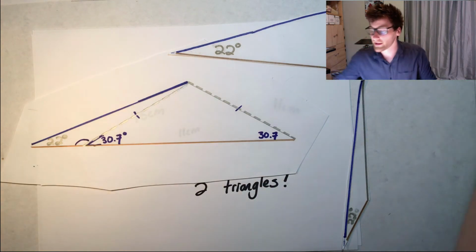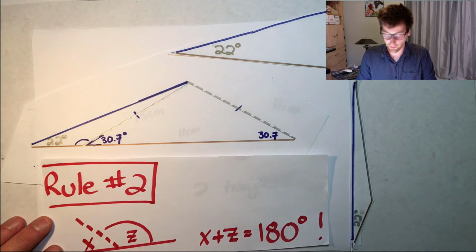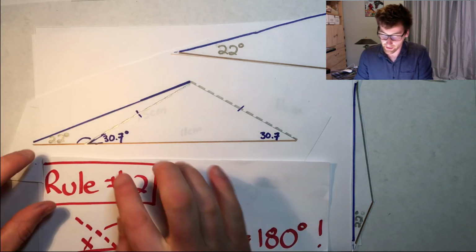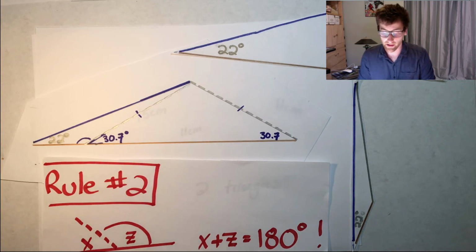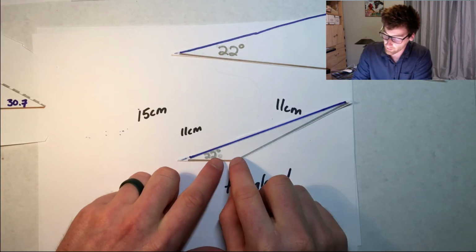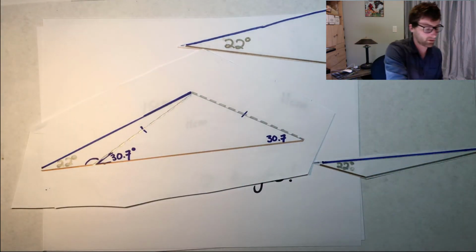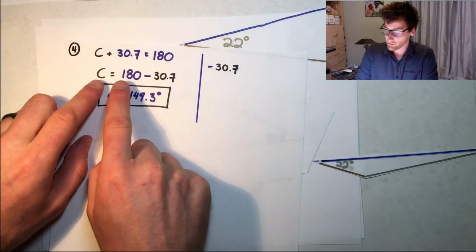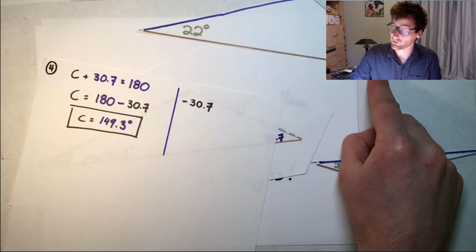Okay, and to do that, we bring in rule number 2. Rule number 2, x plus z has to be 180 degrees. So that means, again, if we have this dotted line going through, this plus that has to be 180 degrees. So if I want to solve for this triangle, what that angle is, we're going to go 180 minus 30.7, which was our angle from our first triangle.